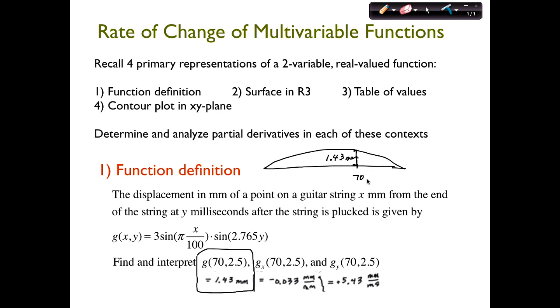Yeah, David. I just wanted to ask about g of x. This one? Was it 3 cosine pi x over 100 sine 2.765 times pi over 100? It was 3 times the sine of 2.765 y times pi over 100 times cosine of pi x over 100.